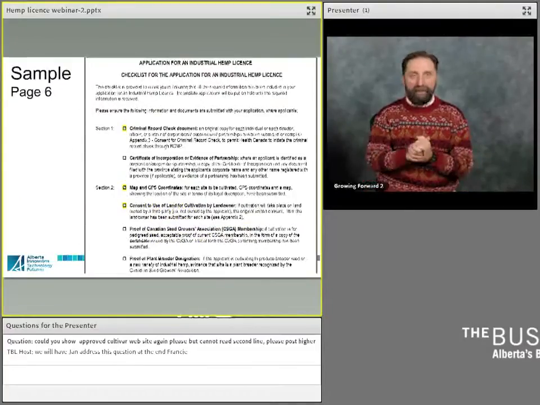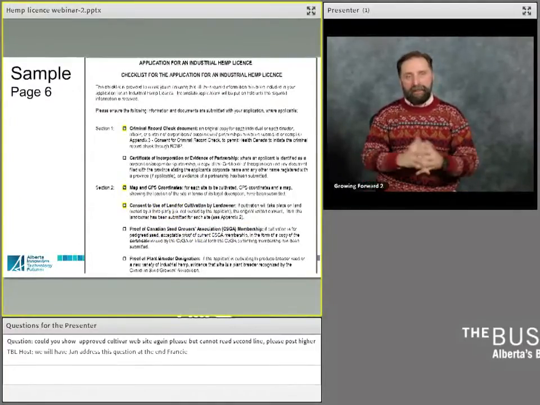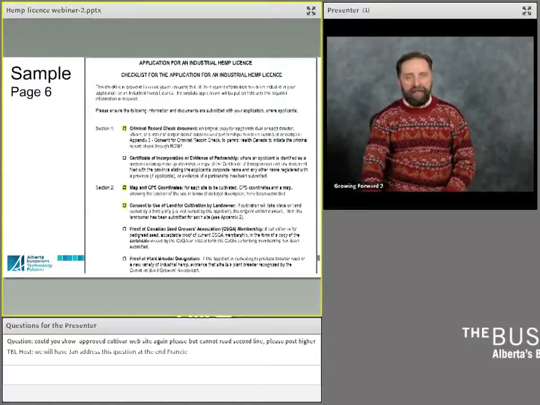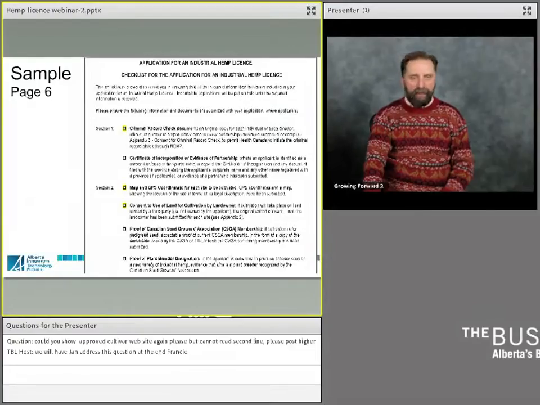Okay, so we are heading to the end. Because you have a few pages, there is a checklist. Jane Doe checked off the box in section number 1. As you might remember, she will be providing a criminal record check in the form of Appendix III, and we'll discuss Appendix III momentarily.